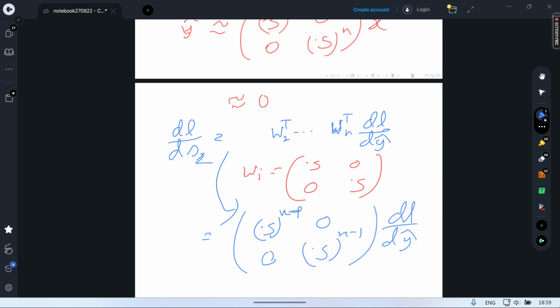Then what is the solution, or how do we properly initialize the weights?